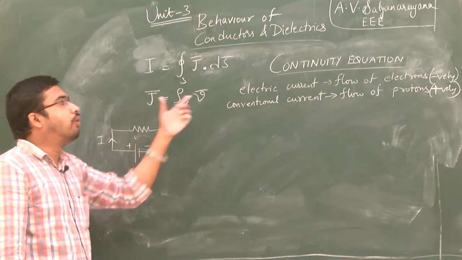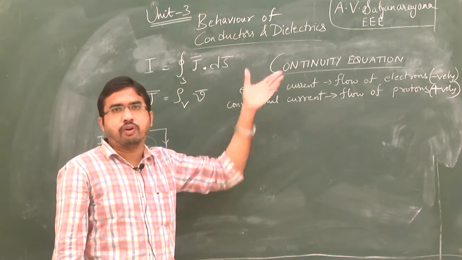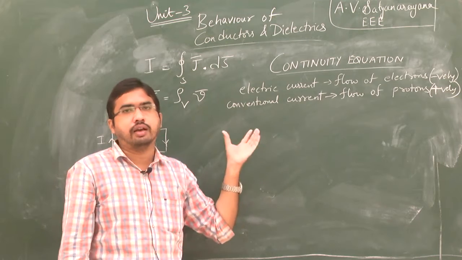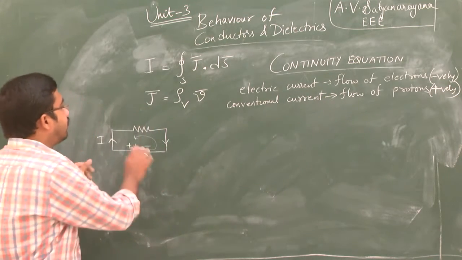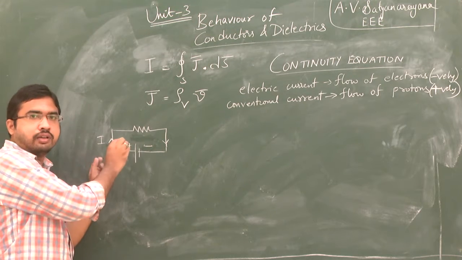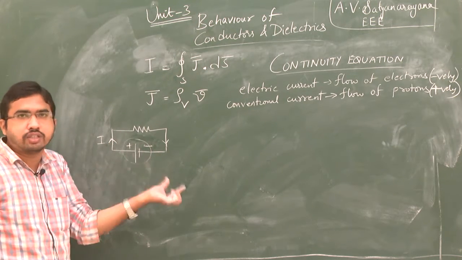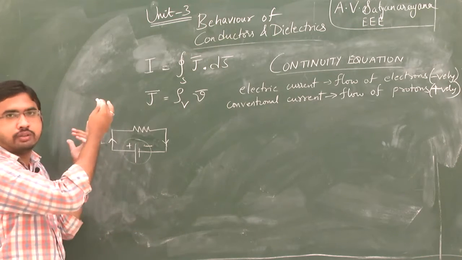If you consider only the conventional current, now leave about the flow of electrons. For our convenience, we are fixing that conventional current is the main current, that means flow of protons, positively charged particles. So I am considering only the conventional current I. So consider this charged body, this source is a charged body, it is giving away the charged particles to some load.